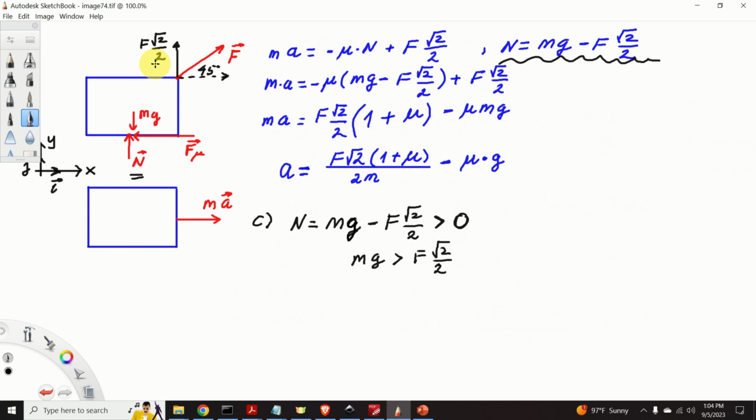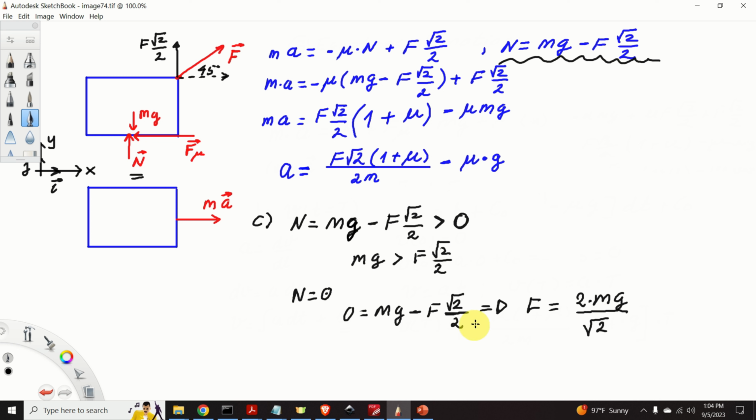However, what's the critical case? The critical case is N is equal to 0. At that moment, that is when we keep on increasing F such that N becomes 0, we will start lifting this object. So let's find the value of F. We simply substitute this expression in this equation and we obtain 0 is equal to mg minus F square root of 2 over 2, and we obtain that F is actually equal to 2 times mg divided by square root of 2.